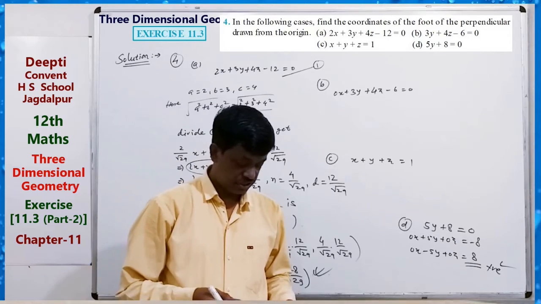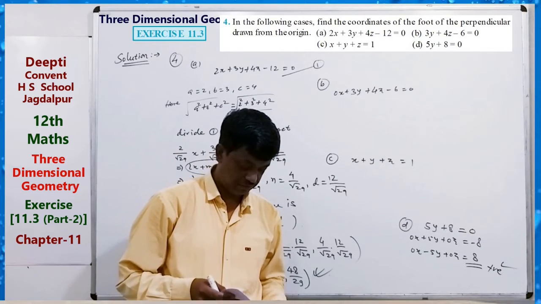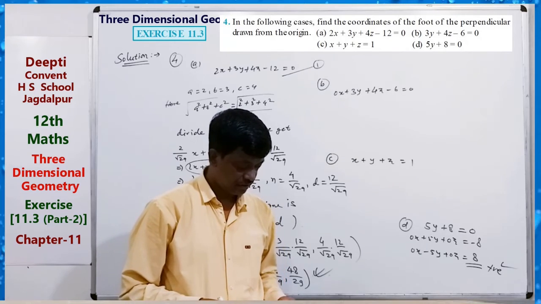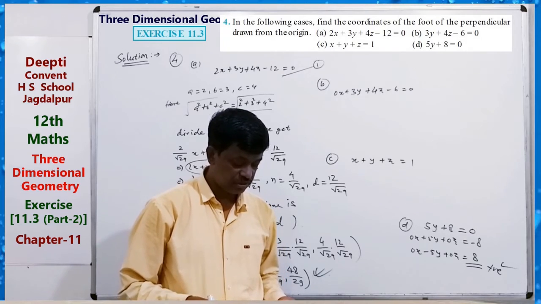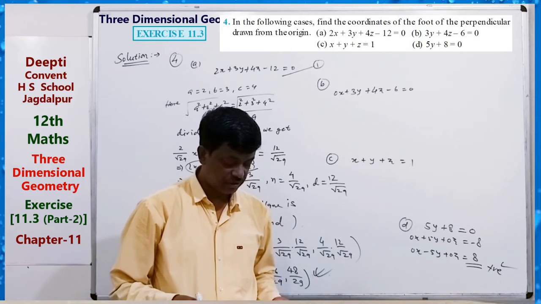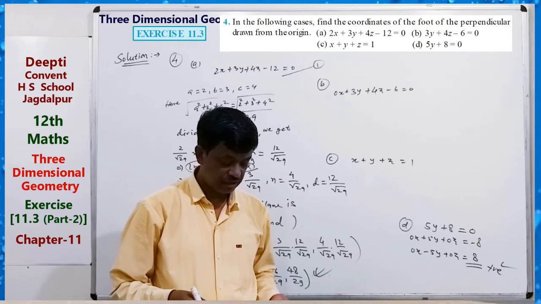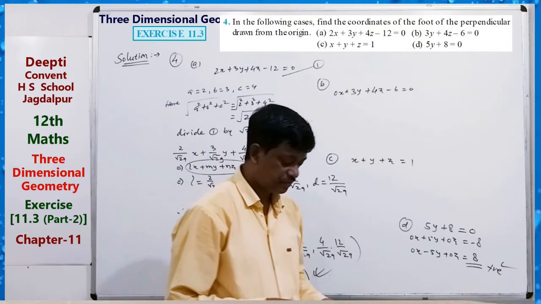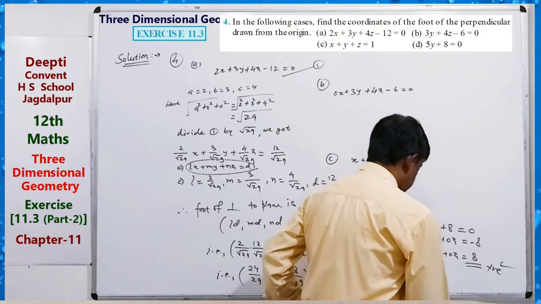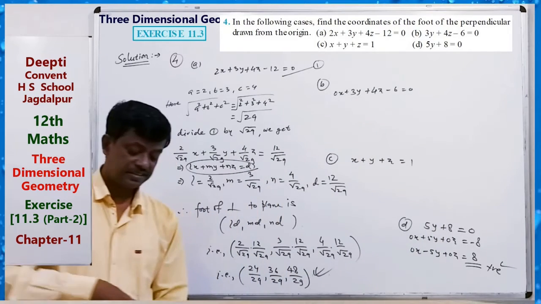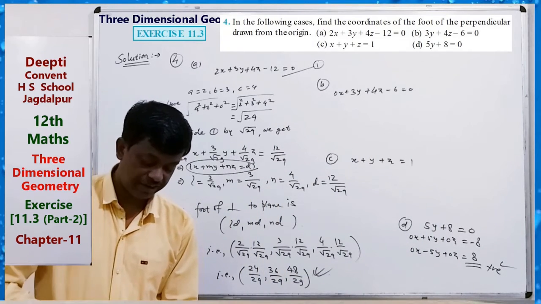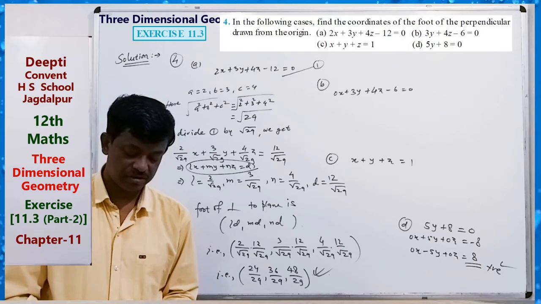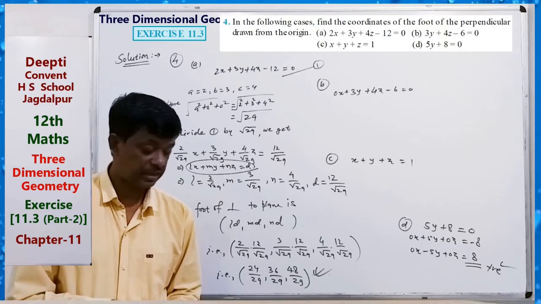Now question 5. Find the vector and Cartesian equation of the plane passing through the point and normal to the plane is this. So this is the second form for finding the equation of the normal. What is the second form?